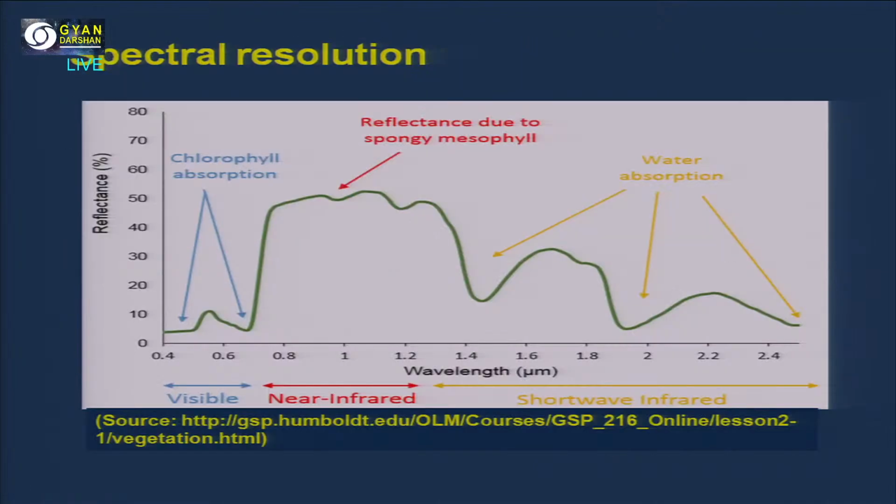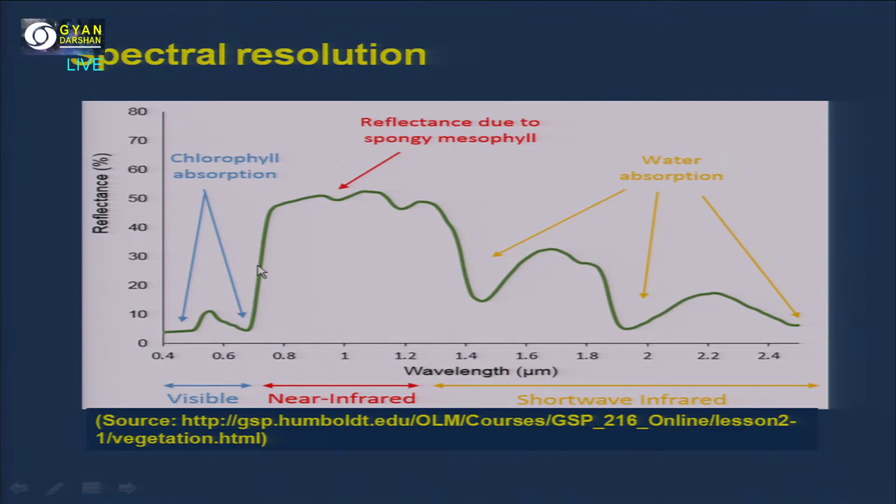Now coming to spectral resolution, we identify the objects in an image based on their spectral signatures. We saw the spectral response of those objects in different wavelengths of the electromagnetic spectrum.